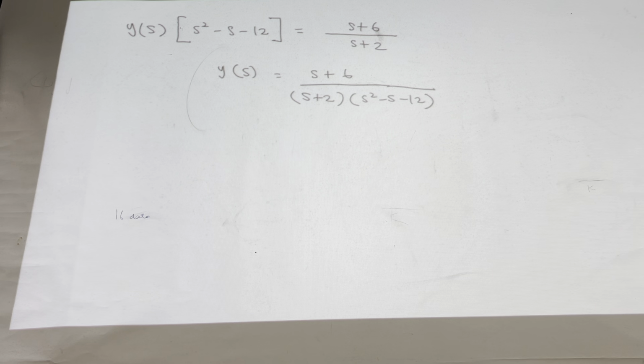And then in order to transform back this Y(s), first we need to simplify this fraction. This one, actually you can simplify into factorized form: s minus 4, s plus 3. So s plus 6 over s plus 2, and this one you can simplify into s minus 4, s plus 3.